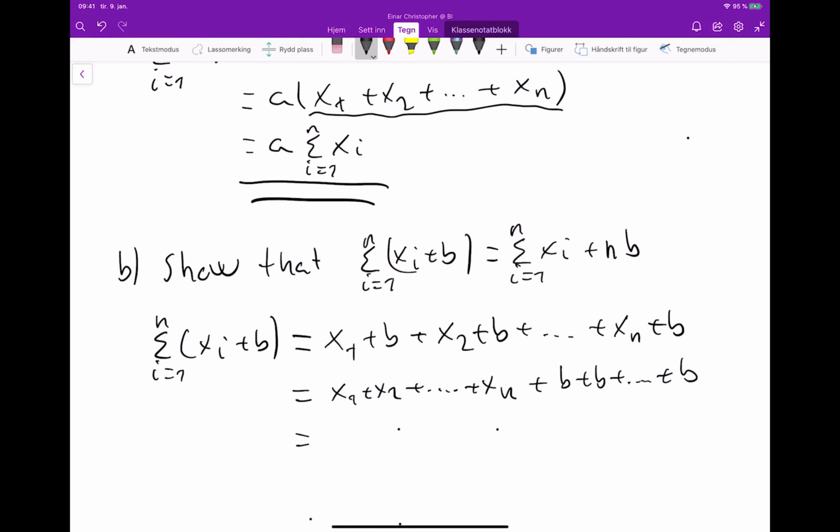And we see that this first x1, x2, xn is the sum over xi, i equal 1 to n, and the last b's here, there are actually n of them, and then it has to be n b's or nb, what we were supposed to show.